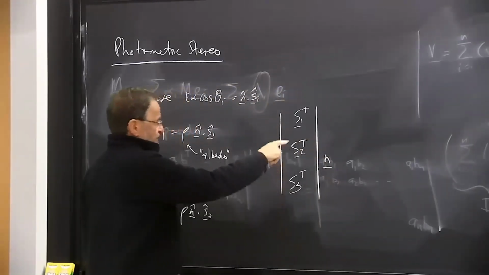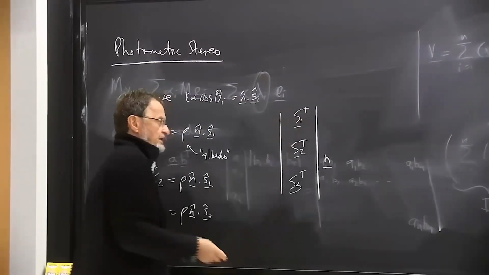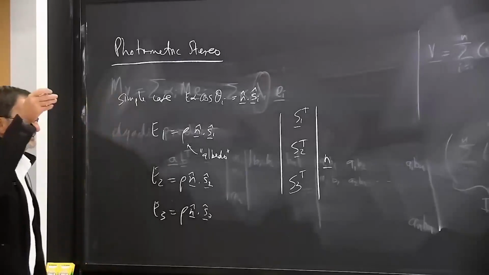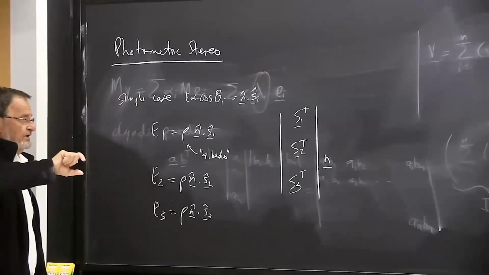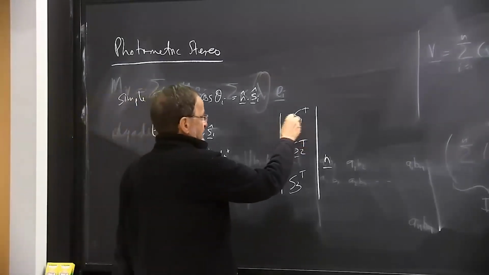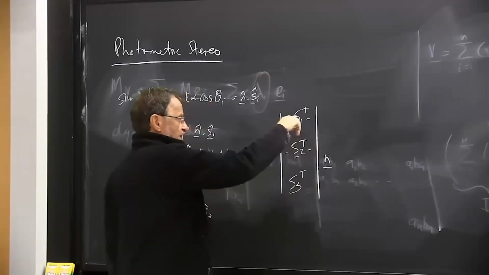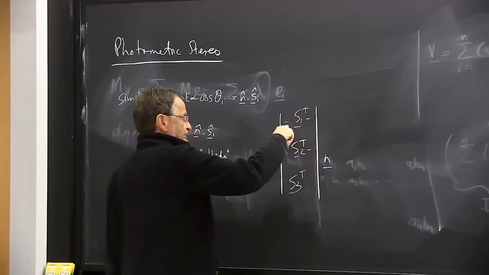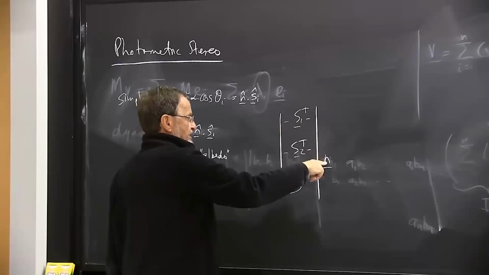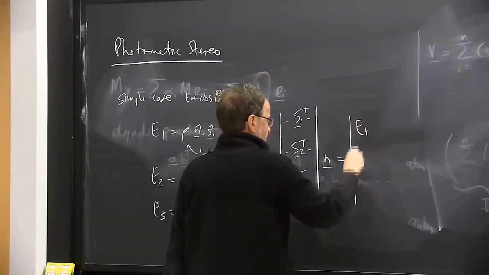Right, so what's this? This is a 3x3 matrix. S1 transpose is the vector to the light source 1, just flipped from being a column vector into a row vector. So the first row of this matrix is S1, just turned on its side, and this is S2, and so on. And so when you multiply this matrix by that vector, the first thing you get is the dot product of S1 and N. And that, of course, is E1.